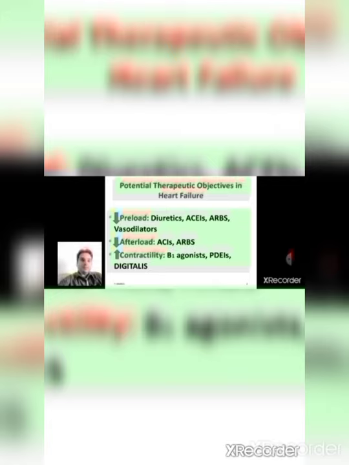Preload can be decreased by the administration of diuretics, ACE inhibitors, ARBs, and vasodilators, whereas afterload can be decreased by the administration of ACE inhibitors and ARBs. Contractility can be improved by the administration of beta-1 agonists like dobutamine, phosphodiesterase inhibitor agents like inamrinone and milrinone, and can also be improved by the administration of the Digitalis group of drugs, which includes digoxin and digitoxin.